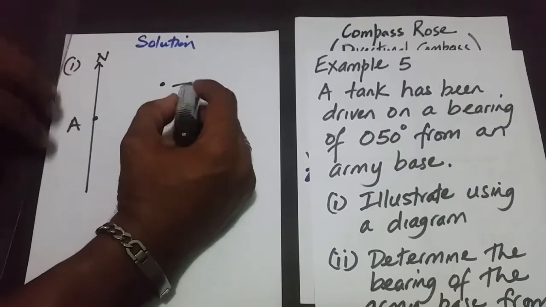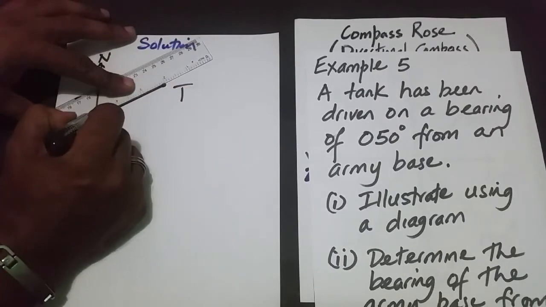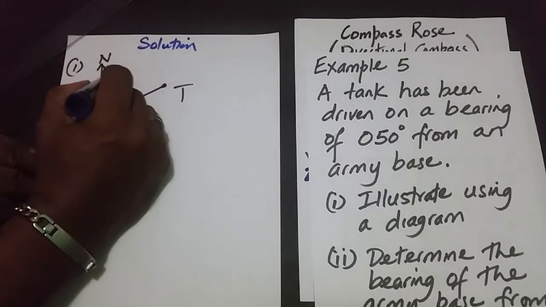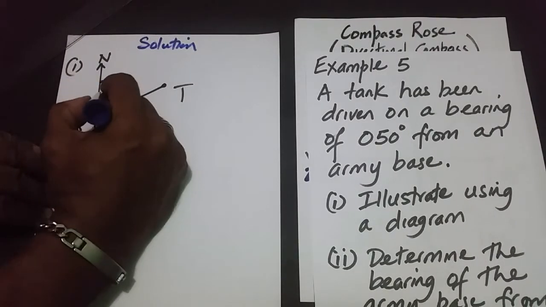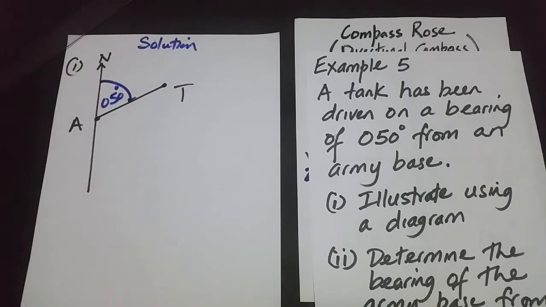So I'm going to put T for tank. And I'm going to connect the tank to the army base and indicate that angle of 050 degrees right there. So that is the bearing of the tank from the army base. So I've answered part 1.